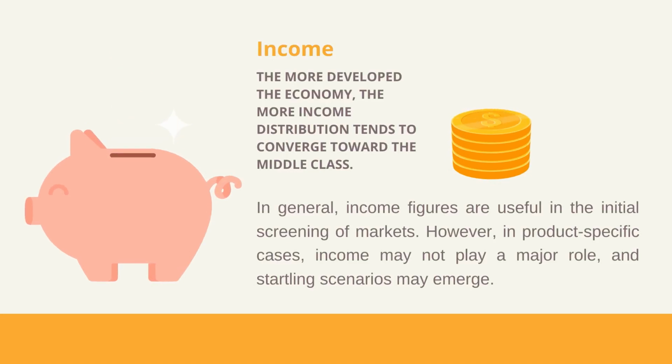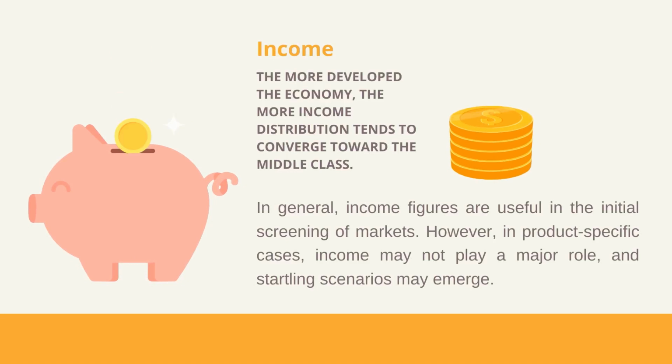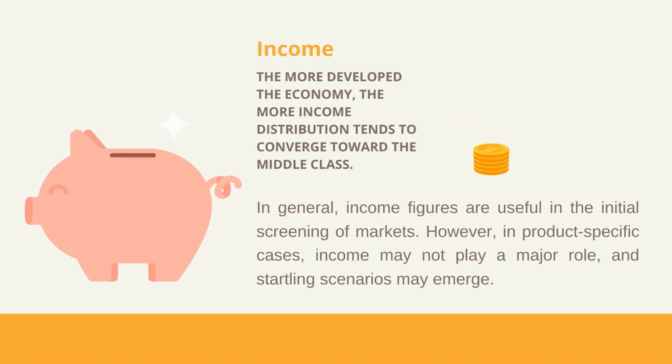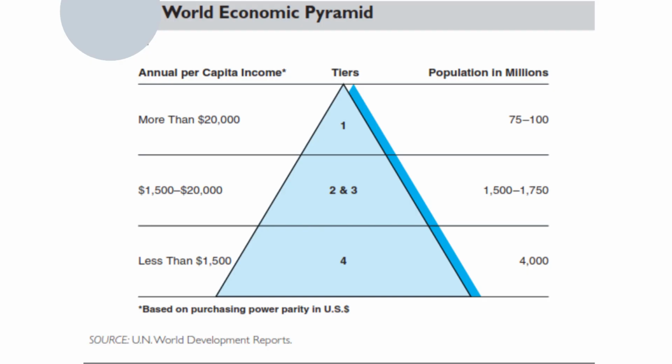You can say that in general, income figures are useful in the initial screening of markets. However, in product-specific cases, income may not play a major role and startling scenarios may emerge. As you can see in the picture, world markets can be divided into 4 tiers of consumers based on broad measures of income.